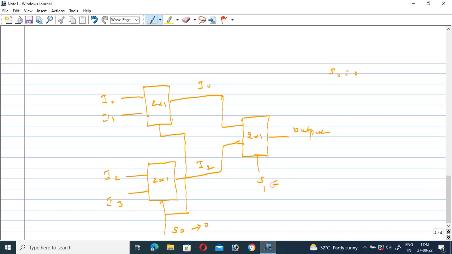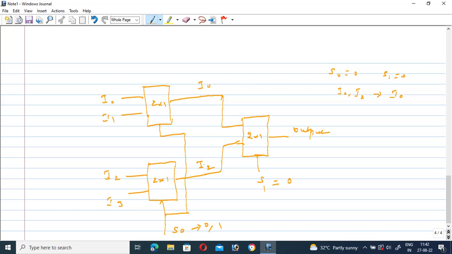Let us see S1 is equal to 0 for the first case. It selects I0 and I2. Here S0 is equal to 0 and S1 is equal to 0, therefore it selects the first value, so I0 is selected.